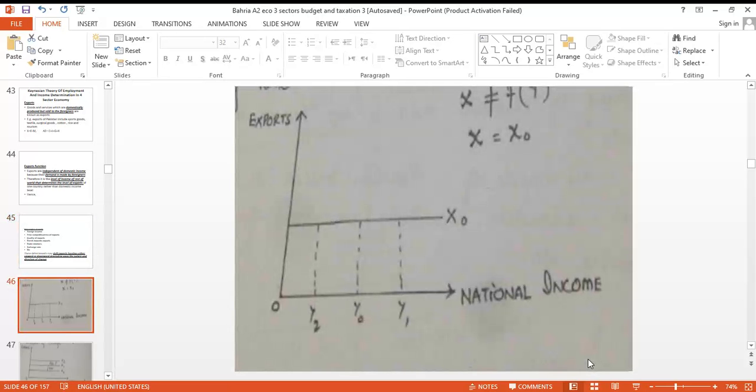So this is what the function will look like. The export function will be the autonomous X naught, which is a horizontal line parallel to the x-axis.